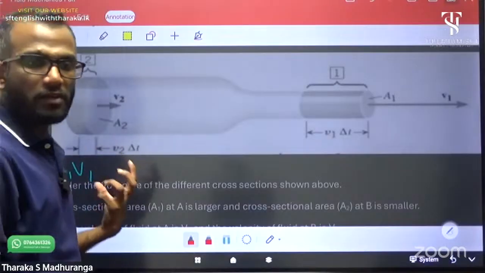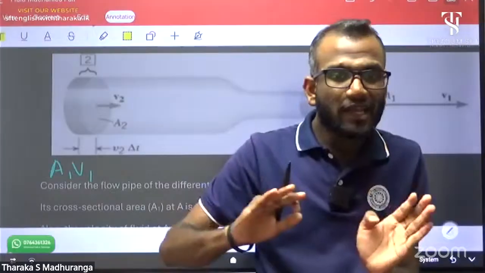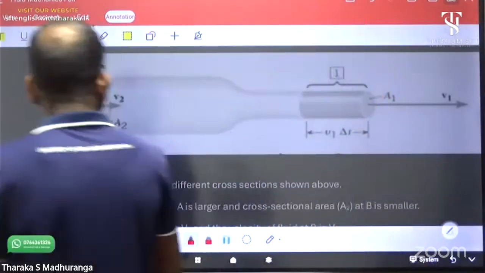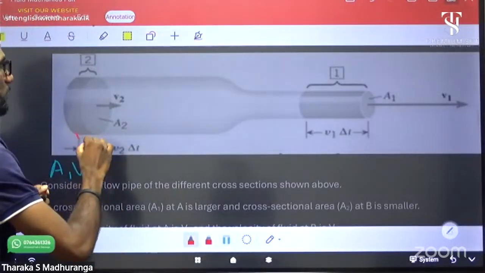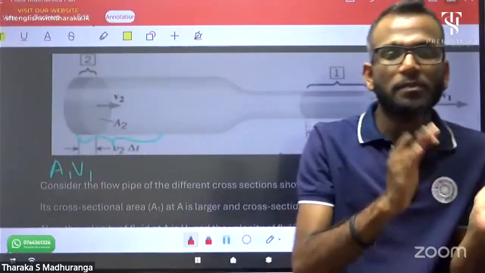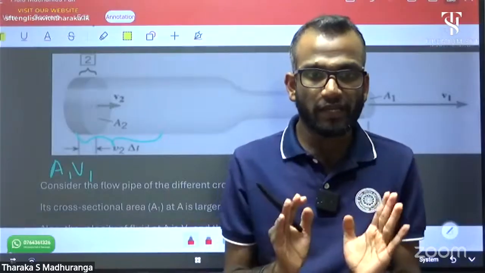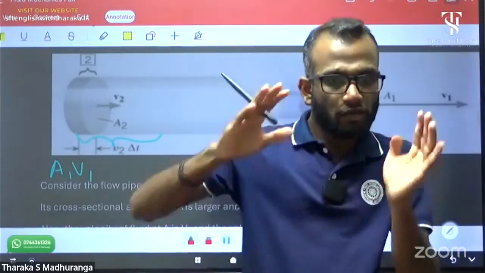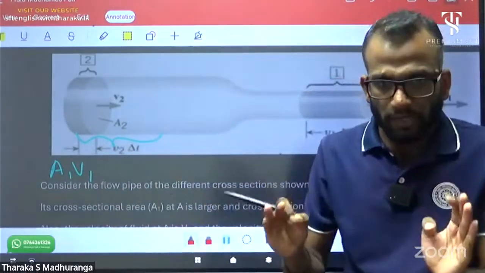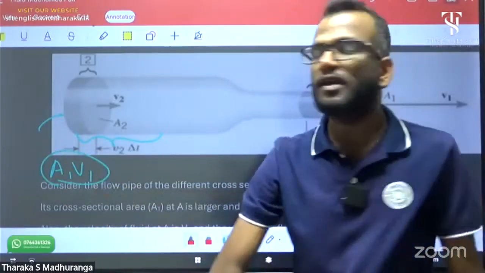A is the cross section area multiplied by velocity. Velocity means meters per second, how much length per second. Cross section area multiplied by length is a volume, like a cylinder. So within 1 second we get the volume A1 V1.